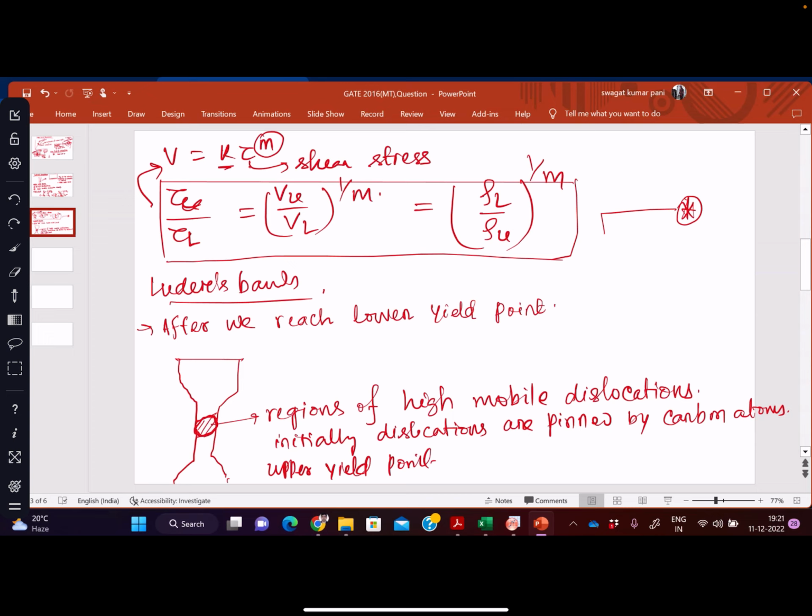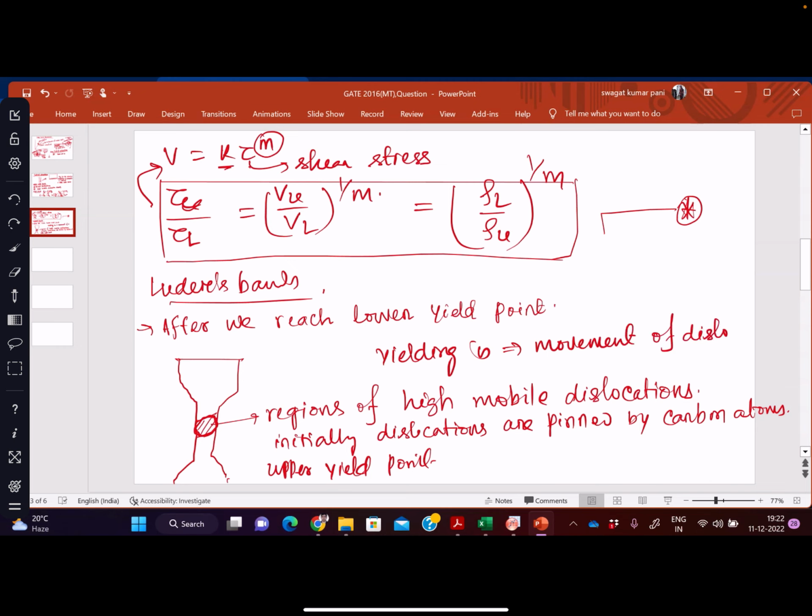Yes, sir. Means after the upper yield point, since now the dislocations have been freed from the solute atmosphere, they will tend to form the Luder band. Yielding is basically movement of dislocations.